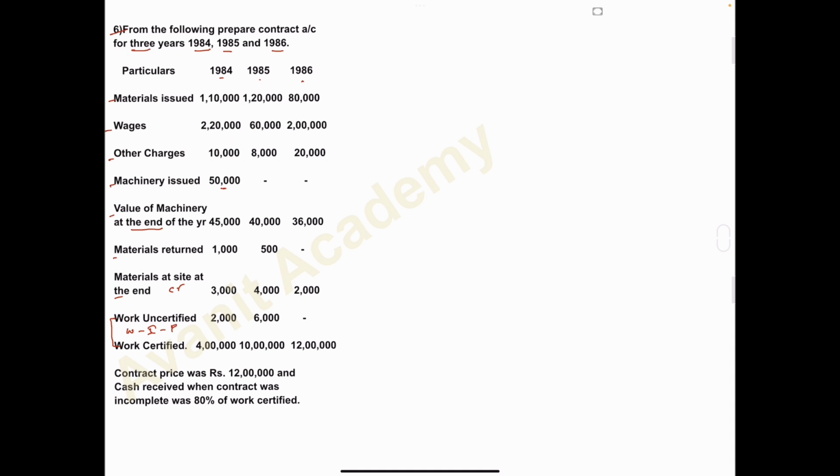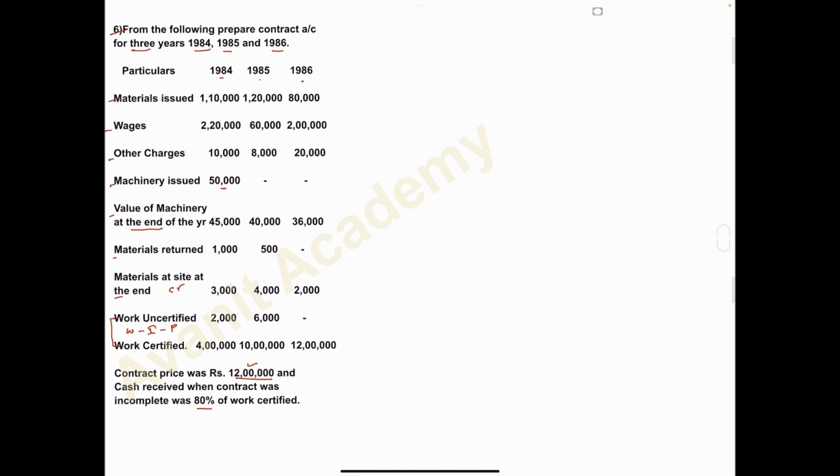Contract price was rupees 12 lakh. So the contract price of this contract is 12 lakh. And cash received when contract was incomplete was 80% of work certified.